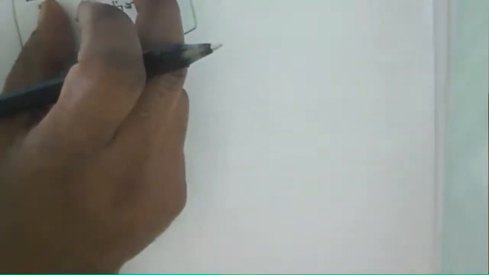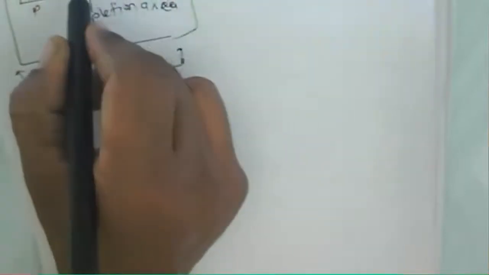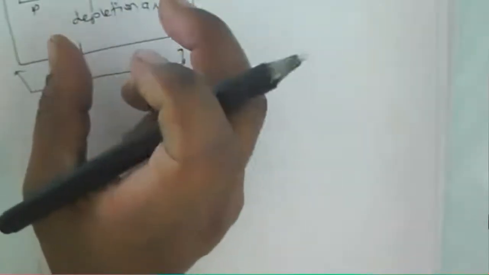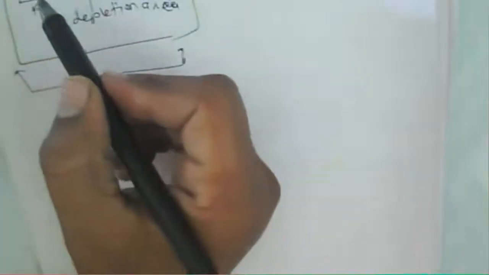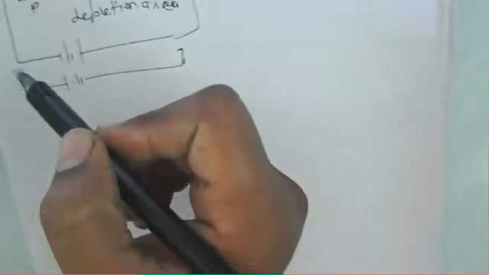In forward bias the depletion area changes, and if the depletion width increases, your diode will not allow any current to flow.